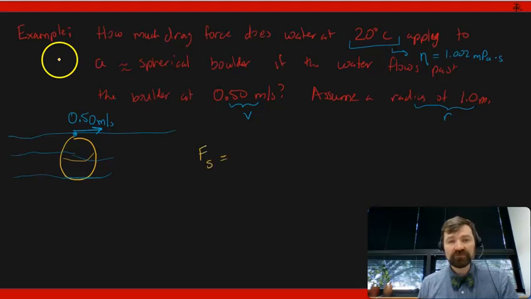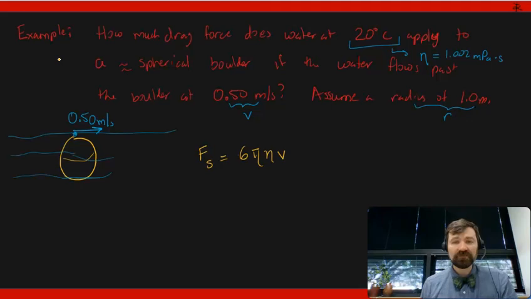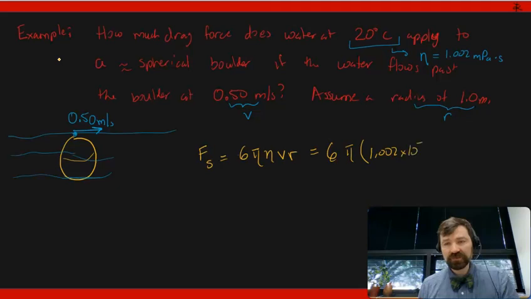So we expect for this Stokes Law drag force to be 6 times pi times eta times r times v. And so that's 6 times pi times eta, which is 1.002 times 10 to the negative 3 Pascal seconds, times 0.5 meter per second times 1.0 meter.